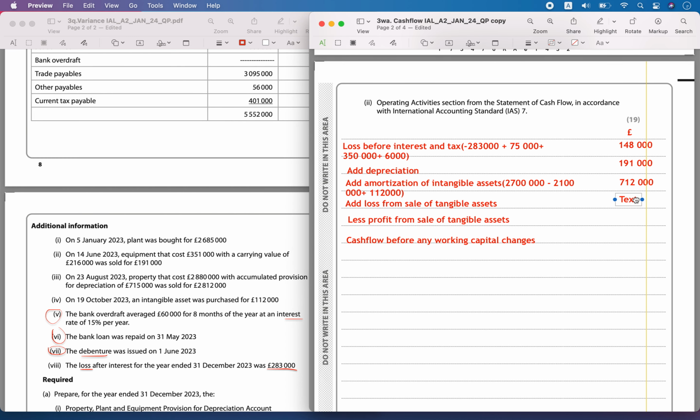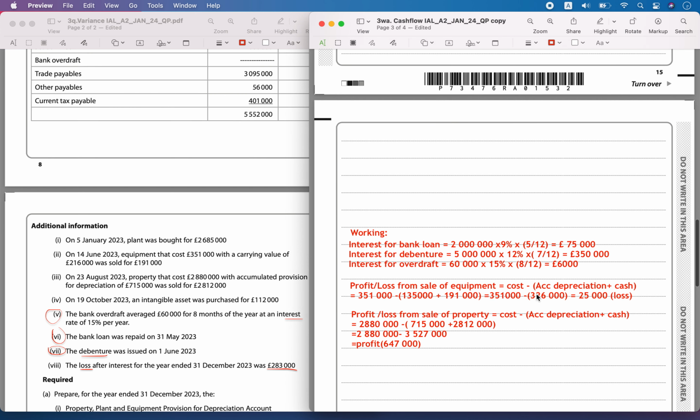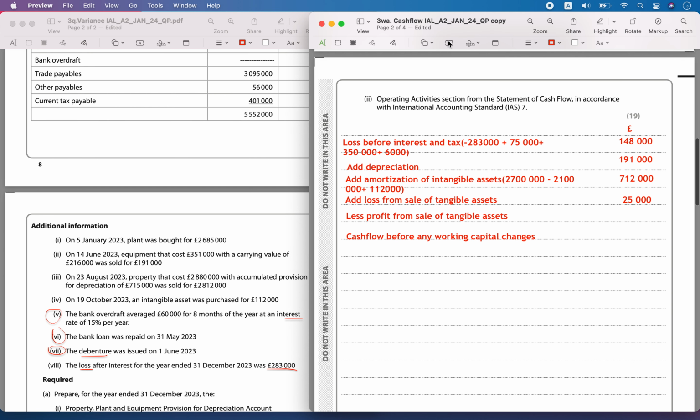The loss of 25,000 we have to add back, and the profit we have to subtract, and that gives 429,000. So that is the cash flow before any working capital changes. Okay, that was the cash flow.